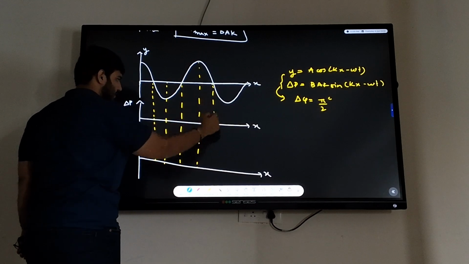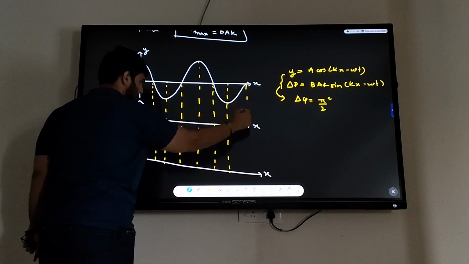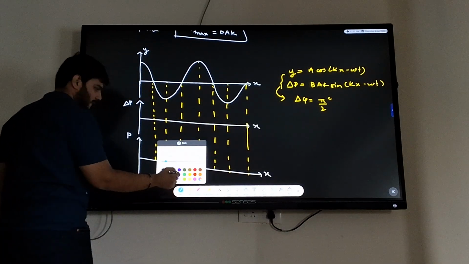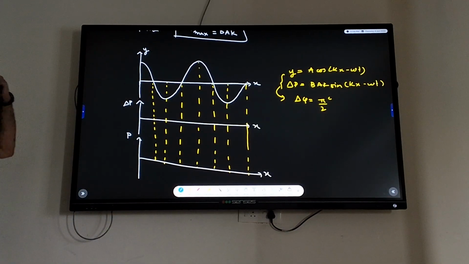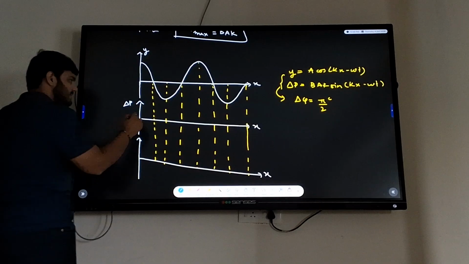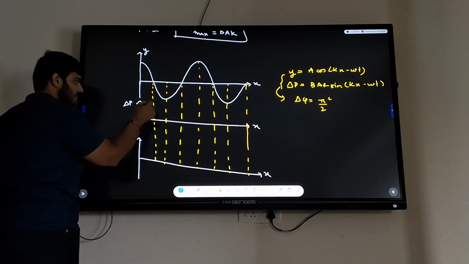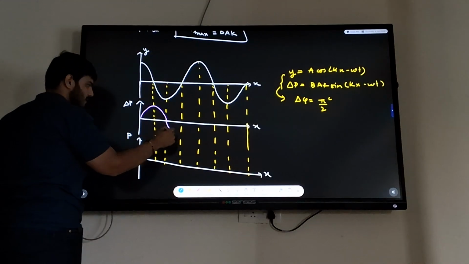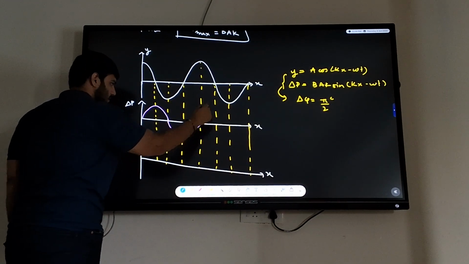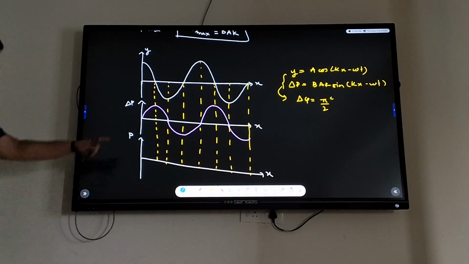Let's try to make it precisely. Okay. So delta p follows cosine or sine? That's a sine wave, so I should have something like this. So is there a phase difference of pi by 2? Look carefully. It's not so good, but make it better in your books.